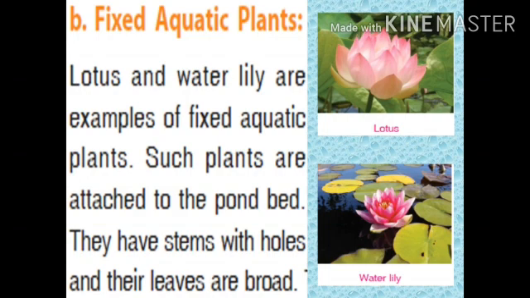You can see these plants have small roots which are attached to pond beds, and they have stems with holes and their leaves are broad. So these are called fixed aquatic plants. And we use lotus stem as an eatable part, and it is also known as kamal kakri.